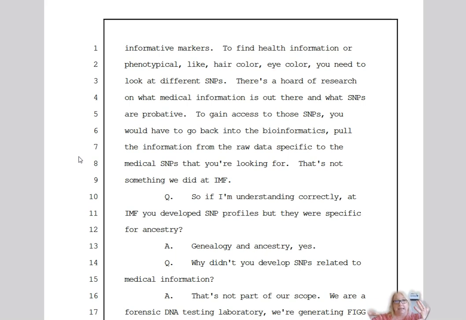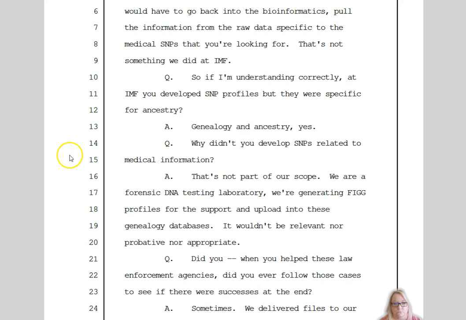So remember when I said it's like going to the laundry line and picking the outfit that you need for that day, instead of packing up all the clothes, that's how it is. Okay? So when the defense in this case was arguing about the medical information, they didn't pull those SNPs. That's what he's explaining here.